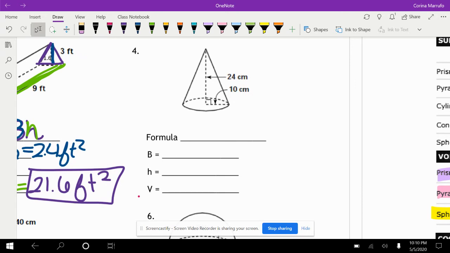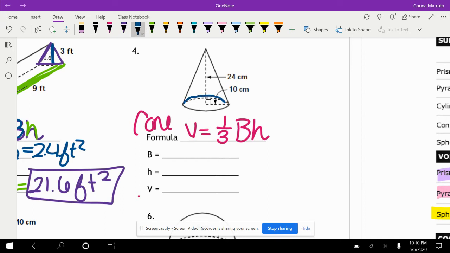All right, so then the next one. This next one is a cone. Because this is a cone, we are going to use volume equals 1/3 big B times little h. For big B, we are going to find the area of the base. This time, my base is in the shape of a circle.